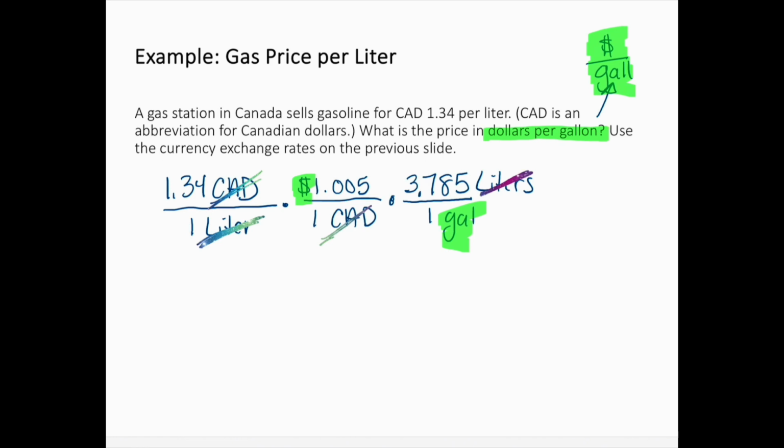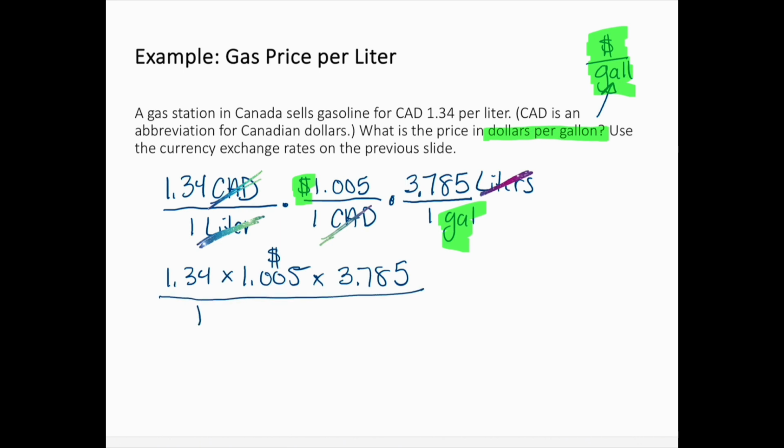So now we just have to work out that chain of calculations. I got rid of the Canadian dollars, so I'm left with 1.34 times 1.005, and I'm going to leave the units there as dollars because we didn't get rid of that. And then times 3.785. We got rid of the liters, so I'm not going to add that in.